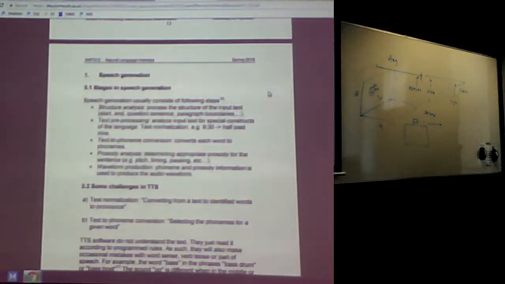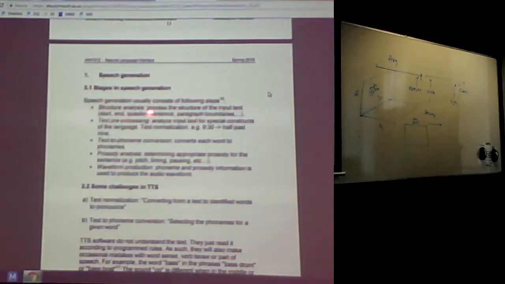Speech generation seems easy, you know. TTS, open bracket, quote, hello John, close bracket. Actually, it is not simple at all. So there's a number of steps. Structural analysis: what is the sentence?